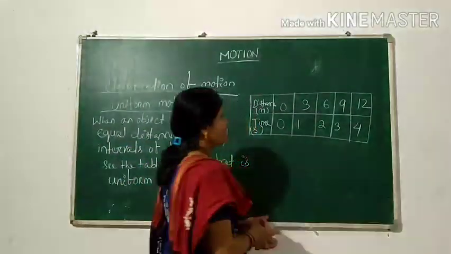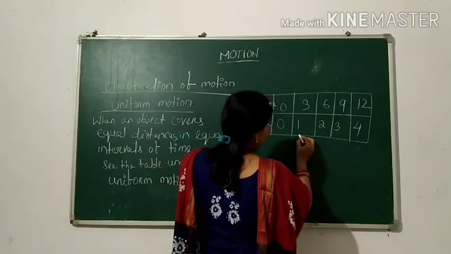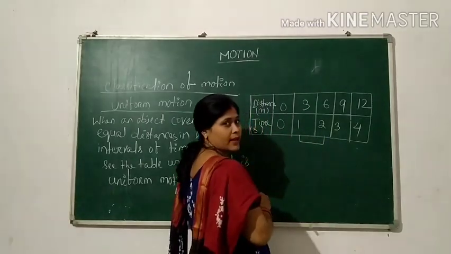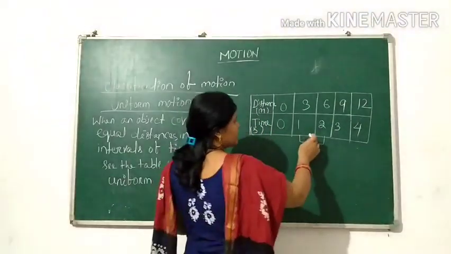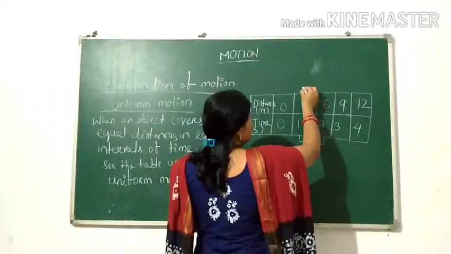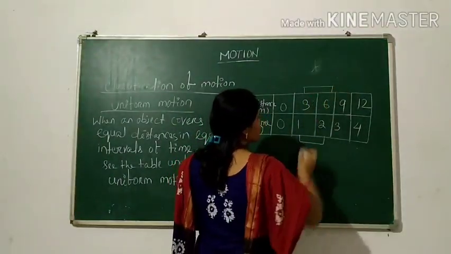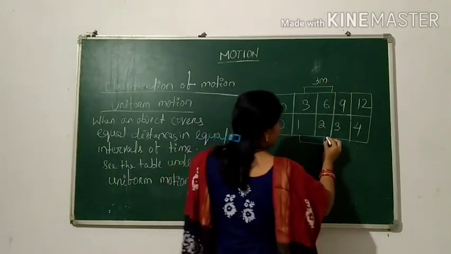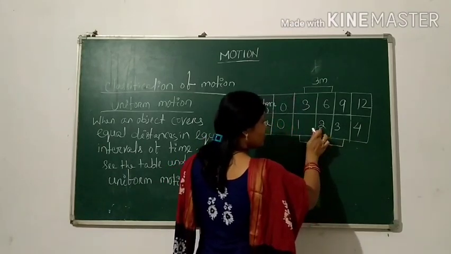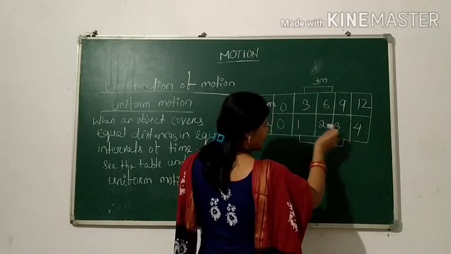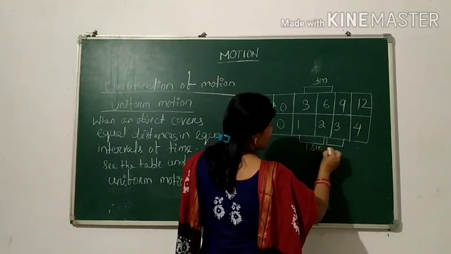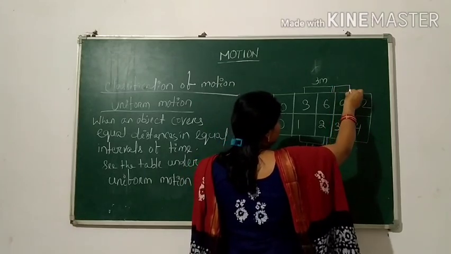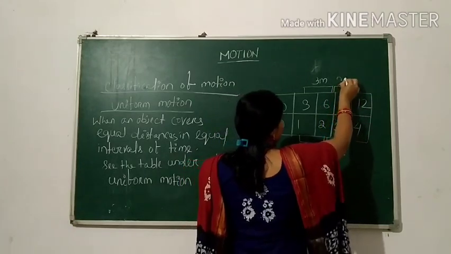So if you see the time interval from 1 second to 2 second is 1 second, but the distance traveled by an object is 6 minus 3, that is 3 meter. Then from 2 second to 3 second, again the time interval is 1 second, but the distance traveled is again 9 minus 6, that is 3 meter.